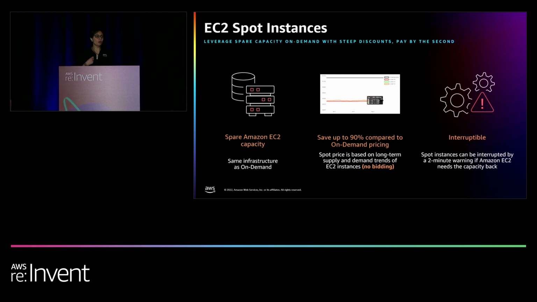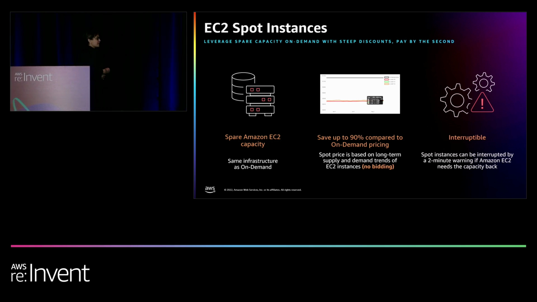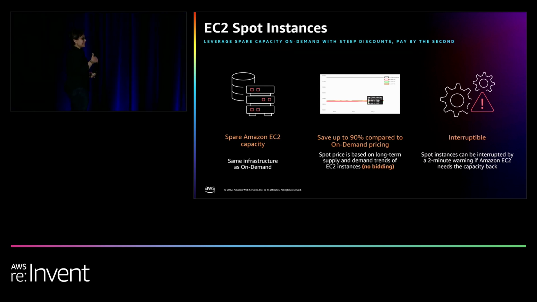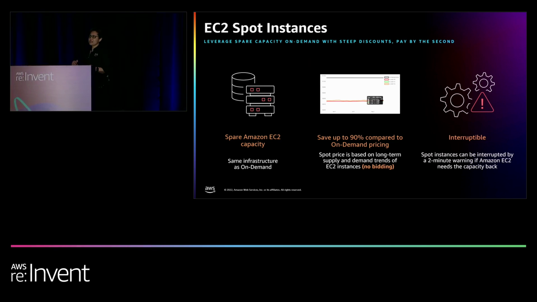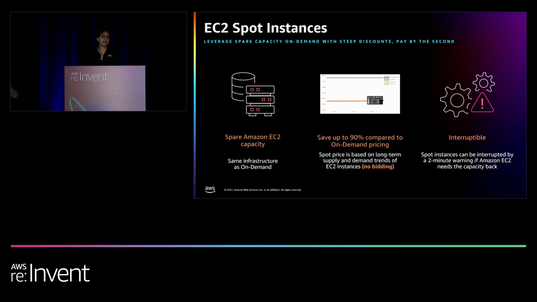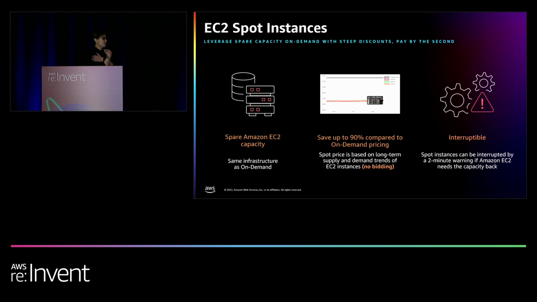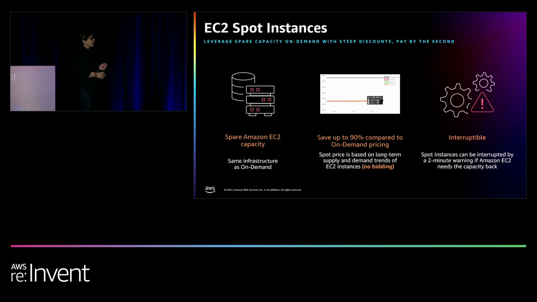So it's best for workloads that are non-critical and can easily handle interruption if the EC2 becomes unavailable because it was claimed back. So things like patch jobs or any operations that don't get impacted if they have to restart or resume.